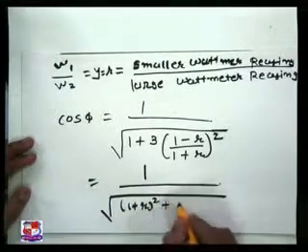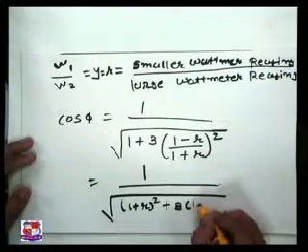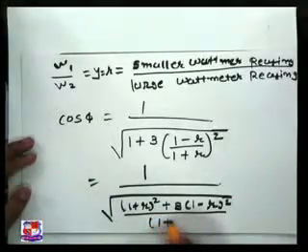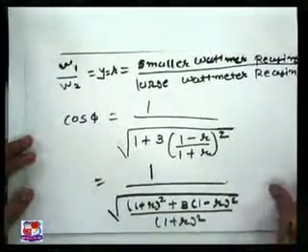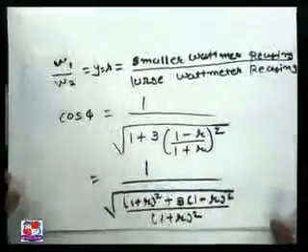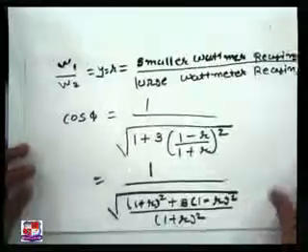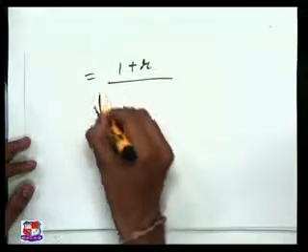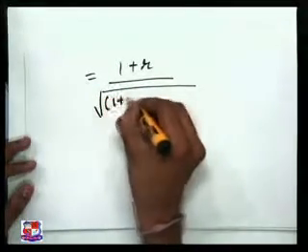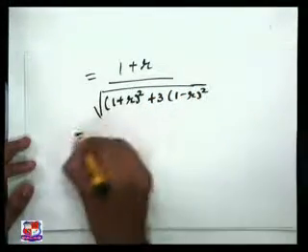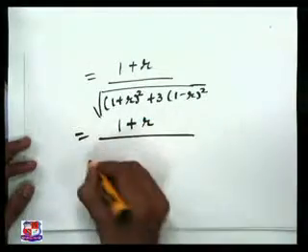You can see this is the (1 + r) square, so it will be 1 plus r upon the denominator (1 + r) square plus 3(1 - r) square.